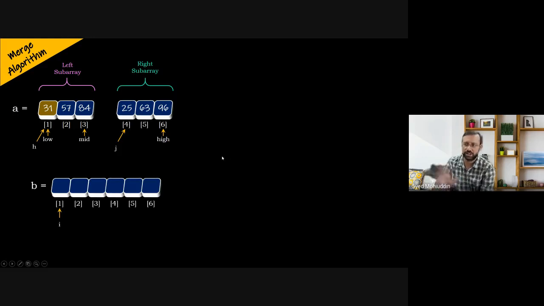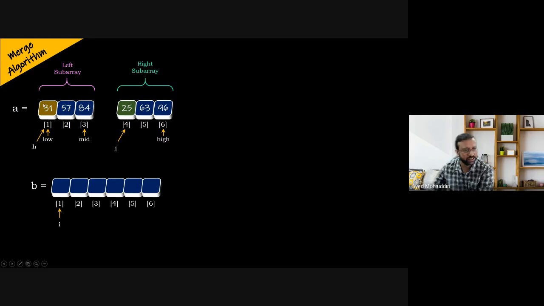The logic behind this is that we compare the element at index h, which is the first element of the left subarray, with the first element of the right subarray. Whichever is less, we store in array B at index i. So h is the first index and j is the fourth index.